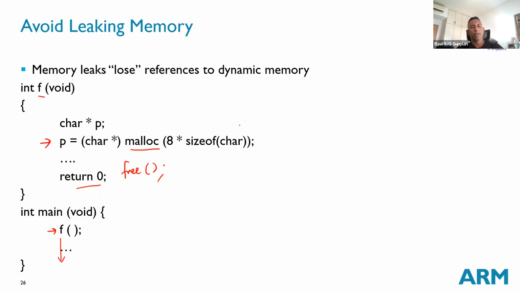So it may be difficult for you to catch that this is the issue, because you don't see any warning or error. These are things you need to be aware of when you're dealing with dynamic memory allocation in your code. If everything is static, then it's fine. But as long as you're doing dynamic allocation, you need to be very careful that you free up the memory after you use it.